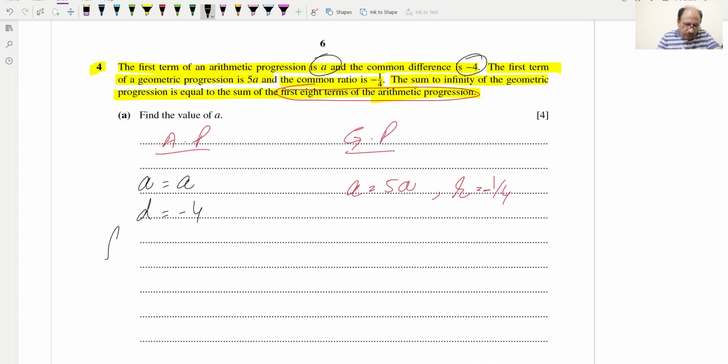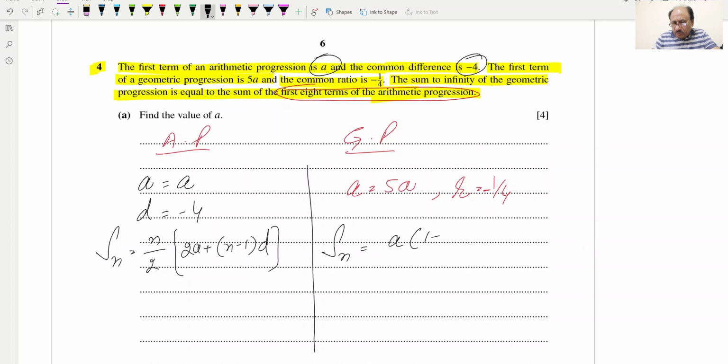The sum formula Sn is equal to n by 2 into 2a plus n minus 1 into d. This is our arithmetic progression sum formula, and the sum formula for geometric progression we can write as a into 1 minus r raised to the power n, divided by 1 minus r.